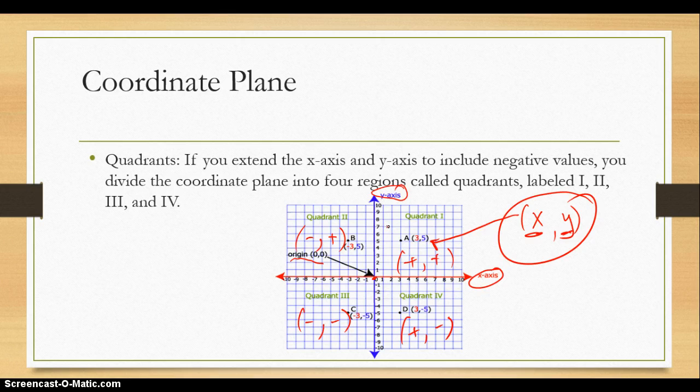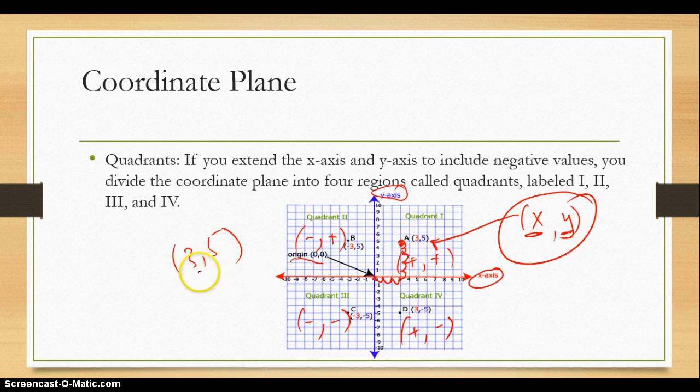So we can say to ourselves, if I asked you to graph 3, 5, we know that 3, 5 is right here, but 3, 5 would tell us that we need to start at our origin, and we go over 3, and then up 5. And then boom, that gives us our point right there. 3, 5.